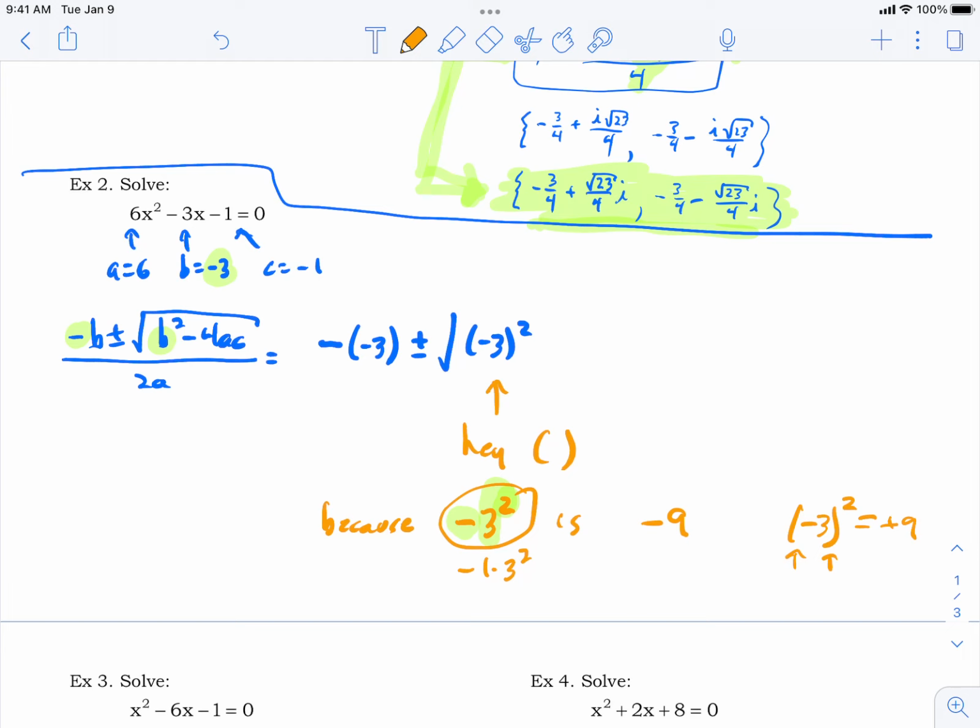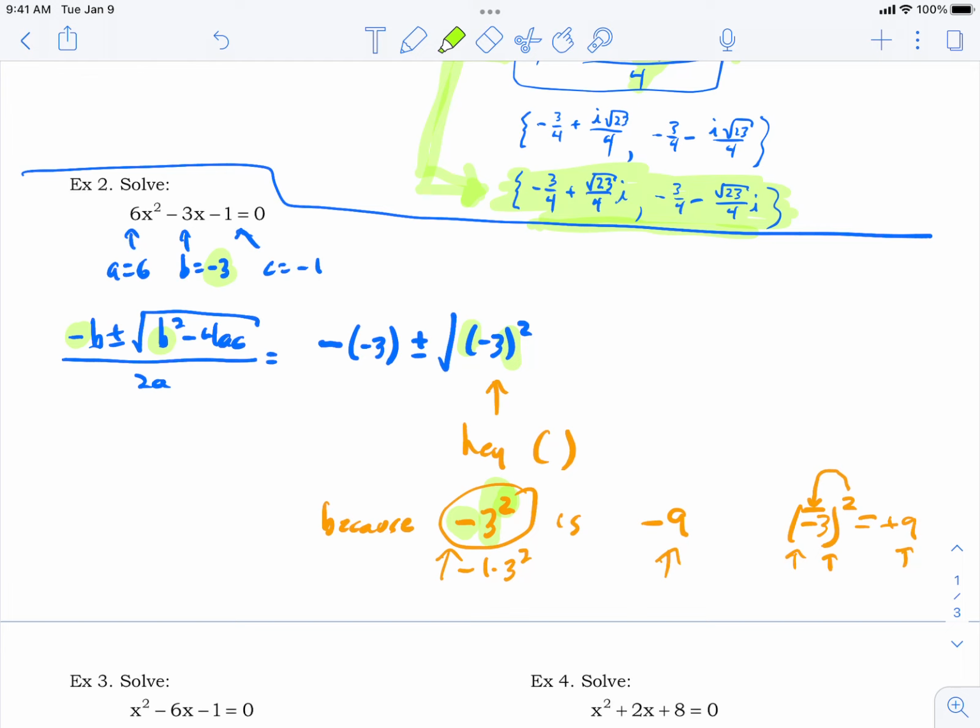Because this is saying don't just square the 3, square the whole thing, square the -3. -3 times -3 is +9, okay? And I'm serious, get out your calculator, try this, you may be amazed. If you plug it in with the parentheses, you'll get the right answer. If you don't use the parentheses, it's going to give you the wrong answer. So I emphasize, when you plug in, please use the parentheses.